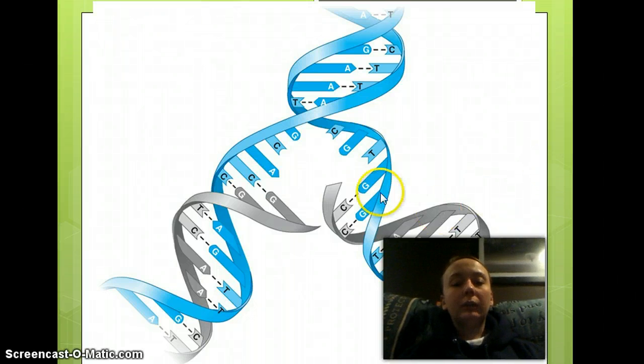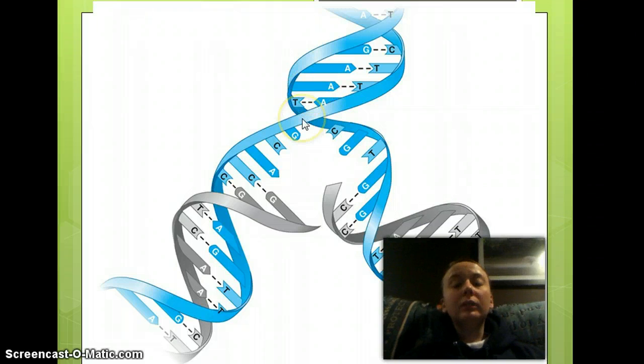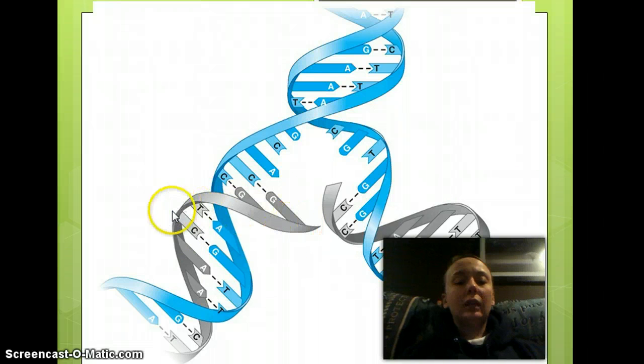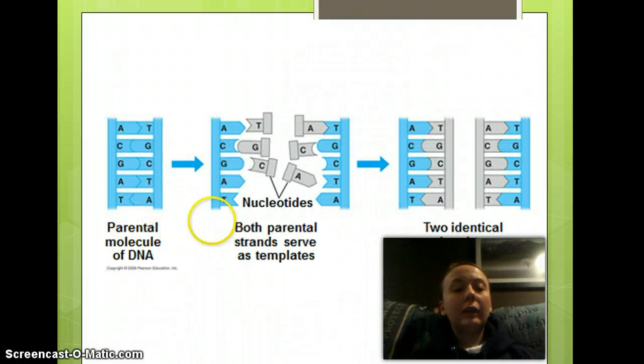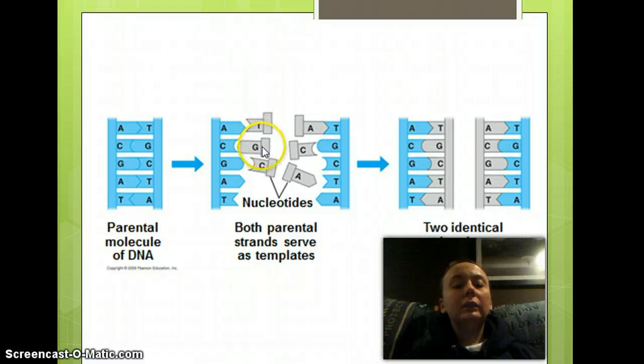Our blue here is our parental strand. It's our original DNA. It splits apart and opens. And that gray there is that new DNA molecule, and that is based off of the ATCG base pairing rules. So here's our parental molecule of DNA, that blue there. It splits apart, and based on the nucleotides on that parental strand, that new daughter strand is formed.